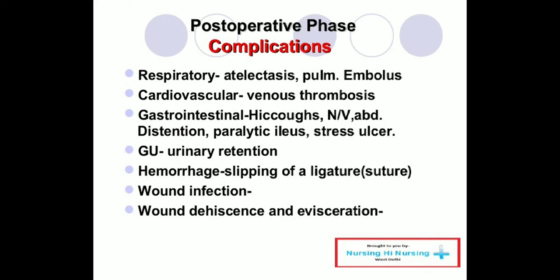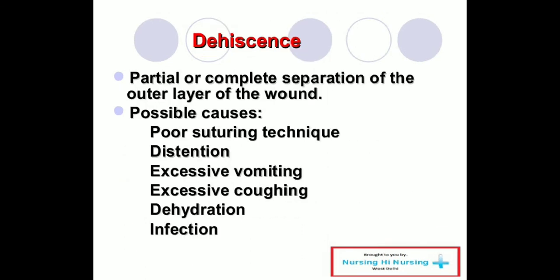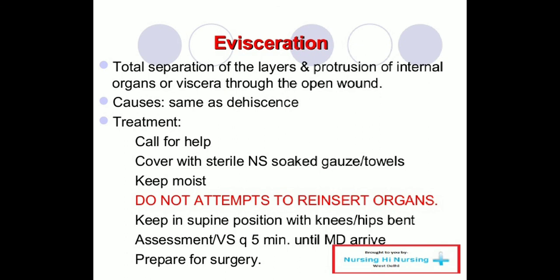In the gastrointestinal system, the complications are hiccups, distension of the abdomen, paralytic ileus because of general anesthesia, and stress ulcer. In the genitourinary system, there can be urinary retention because of catheterization. Hemorrhage can occur, as well as wound infection, wound dehiscence and evisceration. Dehiscence and evisceration we will discuss in the wound part.